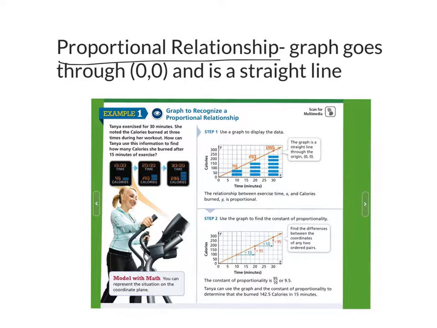So if we start at 0, 0, and we have a straight line, that's a proportional relationship. So in other words, if they give me a graph rather than giving me points, just by looking at that, with that information now, looking at that problem we just did, by drawing a line, I could see that would be a straight line through 0, 0. Without even working it out, I would know that that's a proportional relationship.